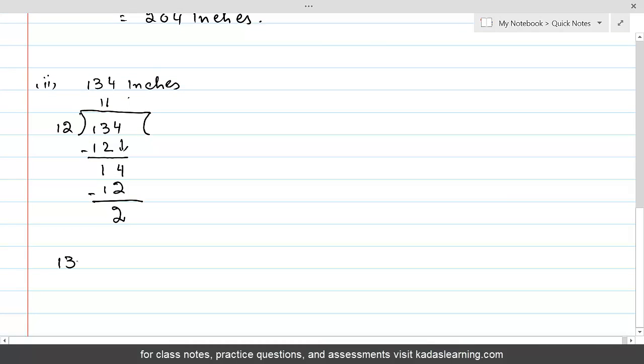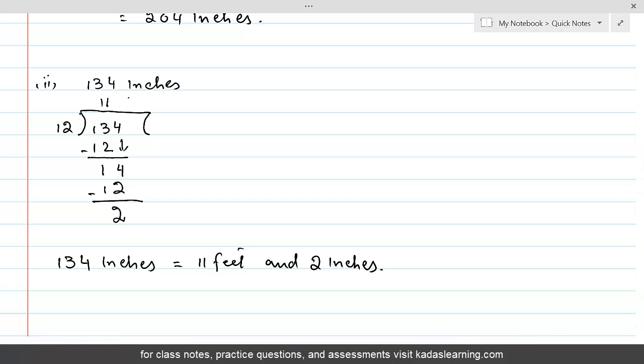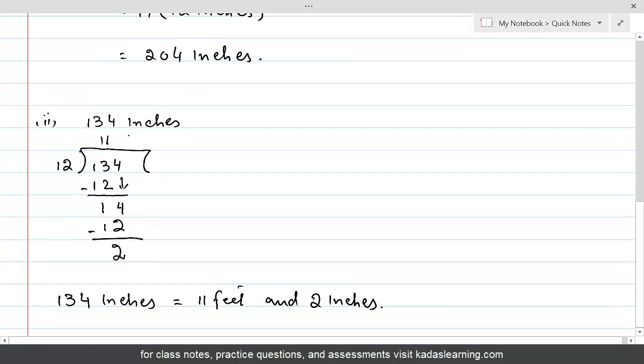So here what we get is 134 inches are equal to 11 feet and 2 inches, because there are 2 extra inches. But practically, usually we use a calculator to convert from inches to feet. If we use a calculator, then the result will be a bit different.